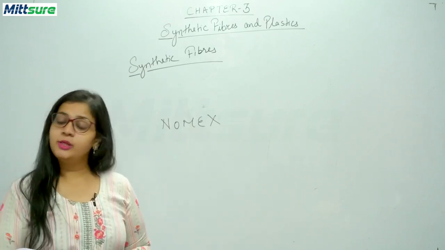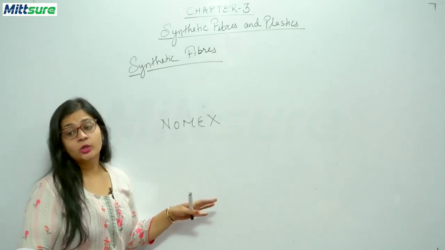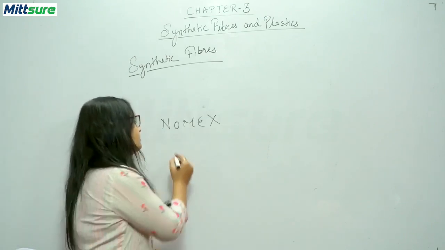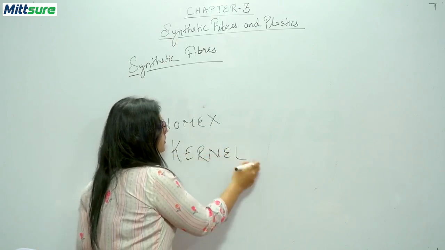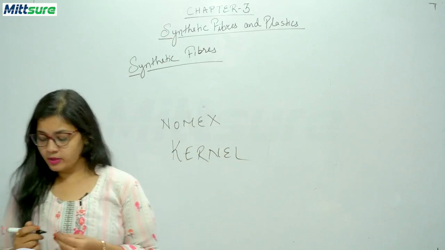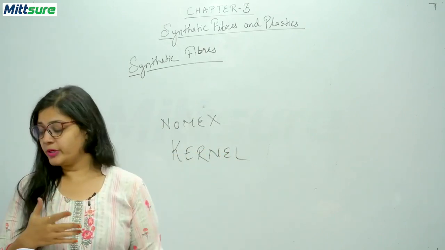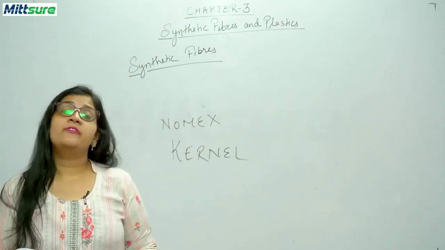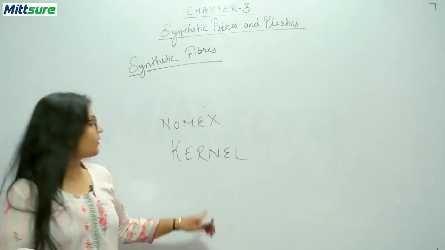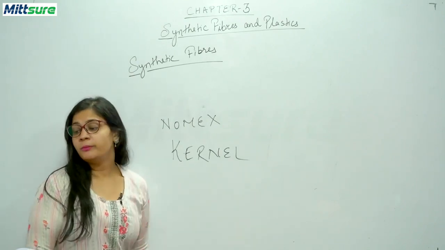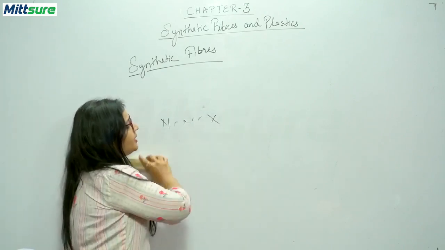And another fiber used as heat and flame protection clothing is called Kevlar. So these two types of fiber are fireproof or fire resistant, used as fire and flame protection clothing, and that's why Kevlar is used in military uniforms. Okay, so this was about the fact side given in your book.